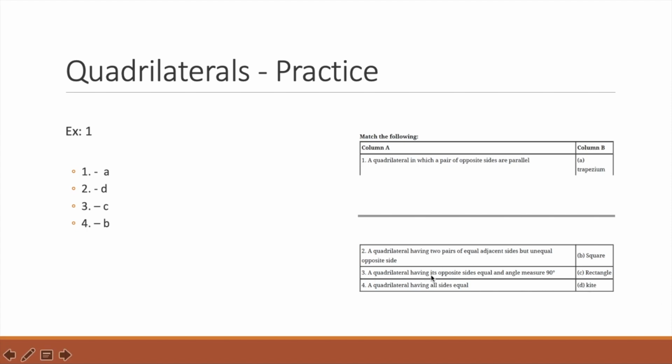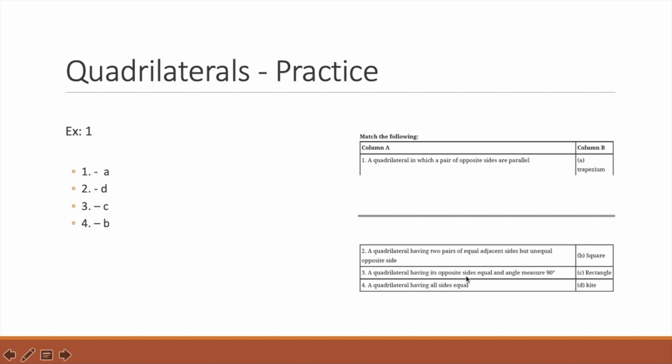A quadrilateral having its opposite sides equal and angle measure 90 degree, which is nothing but a rectangle. Opposite sides are equal and interior angle measures are 90 degree.